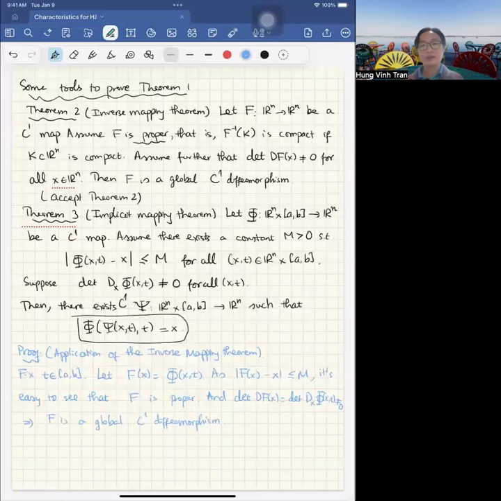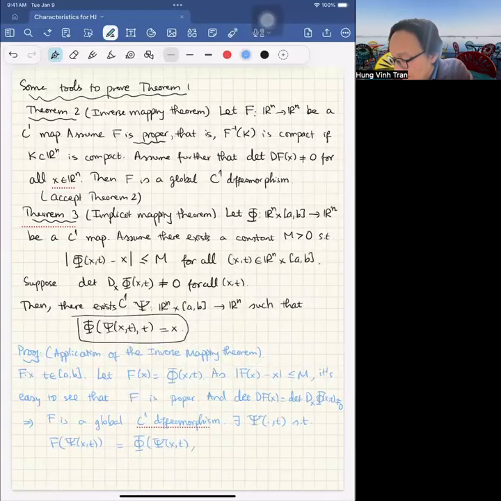Again, this step is quite simple. We just fix t. If there's a global C1 diffeomorphism, that means there exists a function c, when the time is fixed, such that f of c of xt, which in this case is nothing but phi of c of xt, would equal x, right? Okay. So that's good. We have already shown the existence of C.